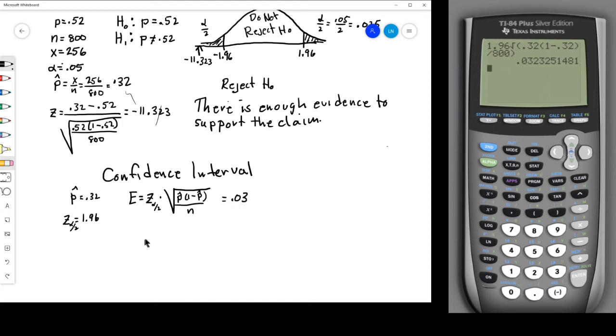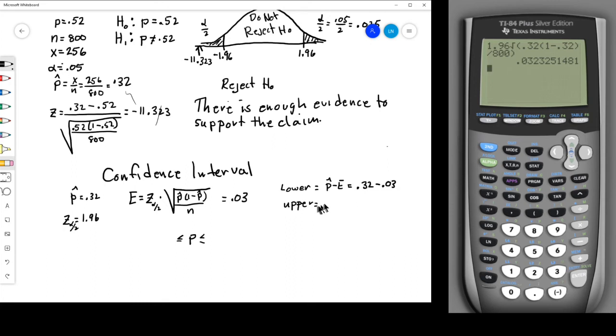So the confidence interval for the population proportion, let me do lower bound, upper bound like I did before. The lower bound is going to be p-hat minus e, so that is 0.32 minus 0.03.